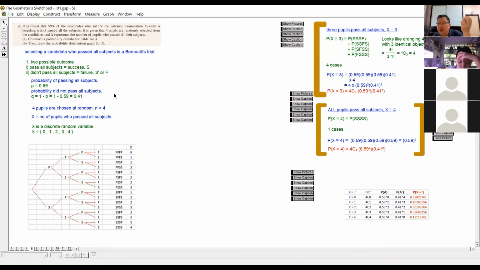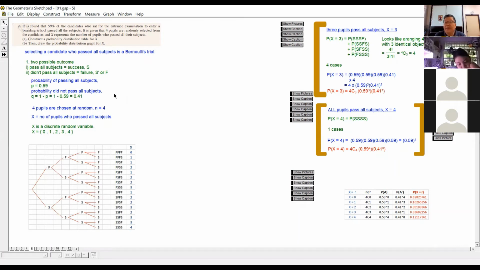Probability of failure, we call it q. These are not my notations. They are standard notation. All the people doing binomial distribution use the letter p to denote the probability of success, and q to denote the probability of failure. The relationship between p and q is q equals 1 minus p.